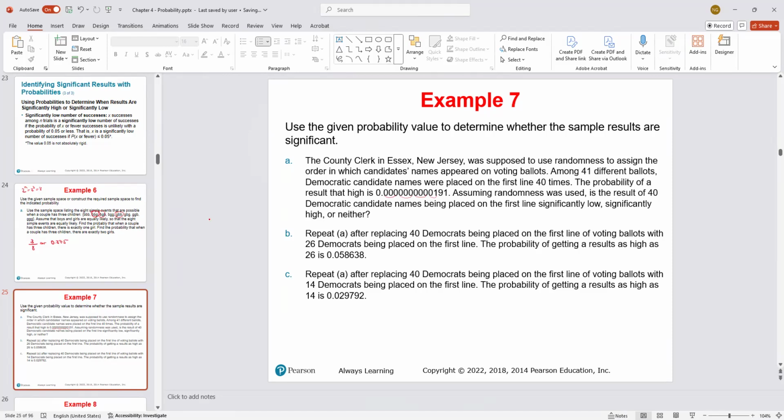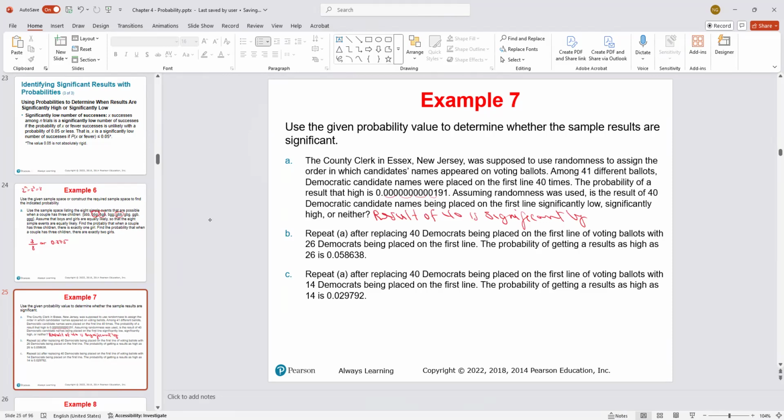We would say that the result of 40 is significantly high. So we said it's really significantly high because the probability of a result such as 40 is small, and because 40 is much higher than what is expected with randomness.